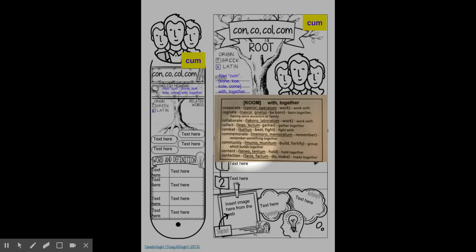I think you're going to be surprised if you do that, how much your vocabulary is going to grow. And when you're reading literature books or science books or history text, and you come across a big word like maybe confection or commemorate, you'll be able to break it down. And within the context of the sentence, along with what you know of the root words, I bet you'll be able to figure out what the word means without having to go to the dictionary.